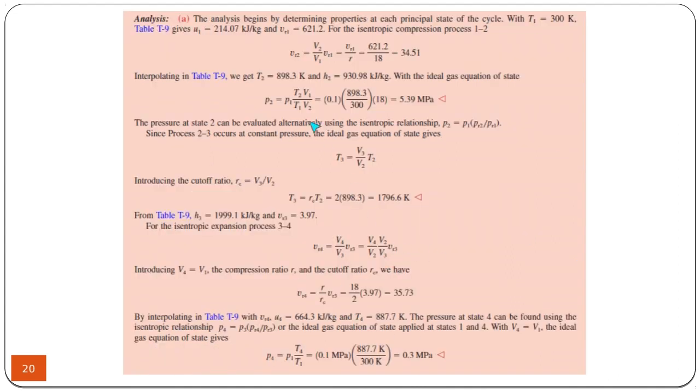We need to use the air table. We are given T1, so we need to go to the air table. From T1, we will read the values of U1 and VR1.